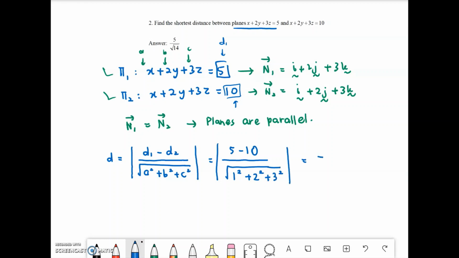So this will be -5 divided by square root of 14. Since it is an absolute value, the final answer will be positive, 5 over square root of 14, or the answer will be 1.3363. So the shortest distance between these two planes is 1.3363.